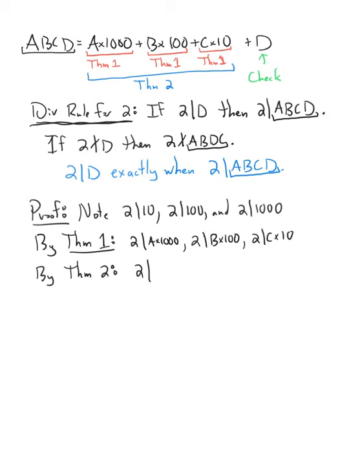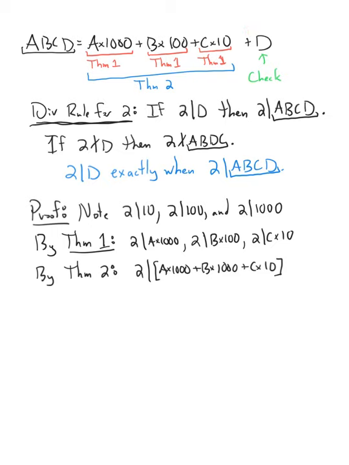So 2 is a factor of A times 1,000 plus B times 100 plus C times 10. Okay. Now, we get both bits of this theorem just from the two cases here.